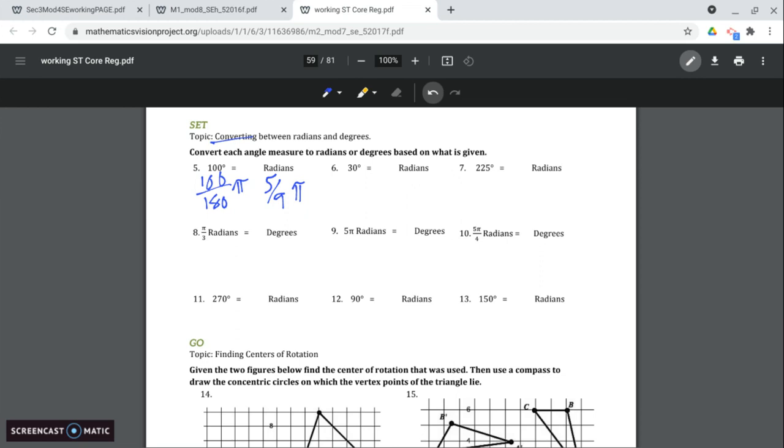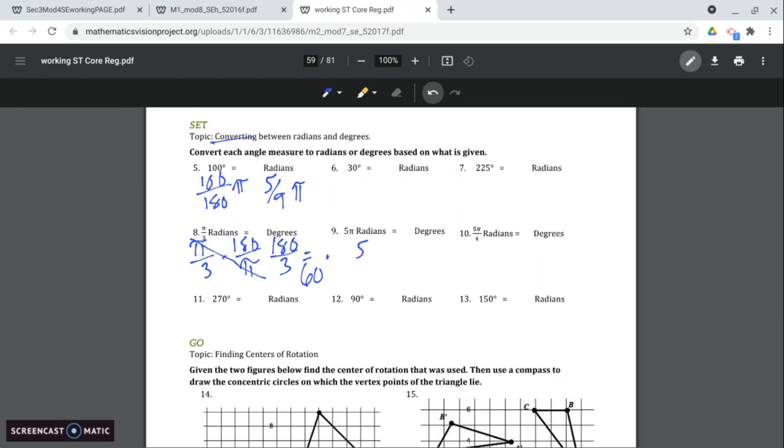Now, to reverse it, when you're given the radians and you need to find the degrees, you're going to take pi over 3 times 180 over pi. The pi's will cancel, and so then you just take 180 divided by 3, which will give you 60 degrees.